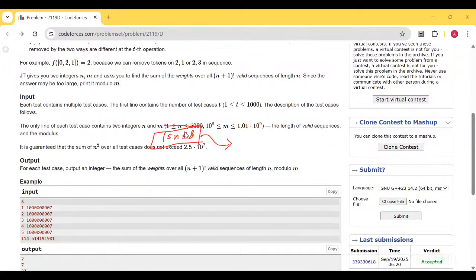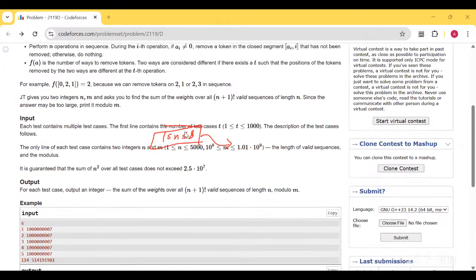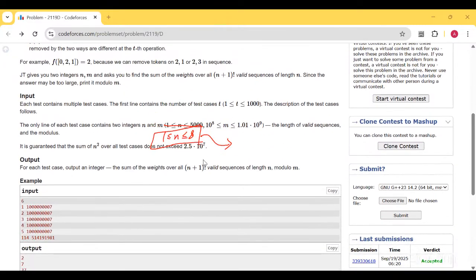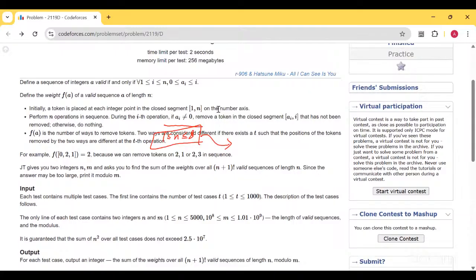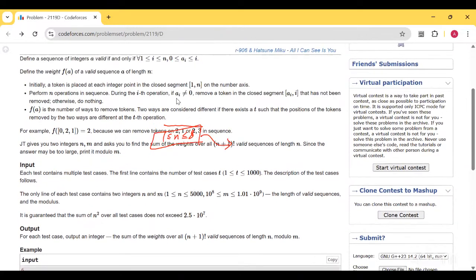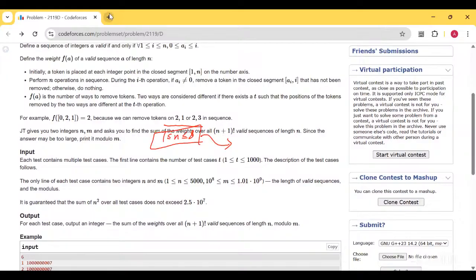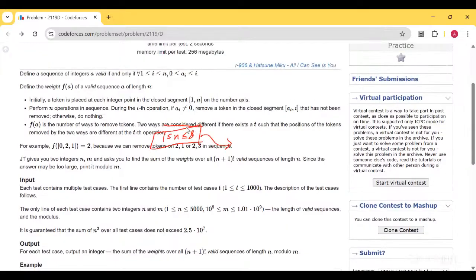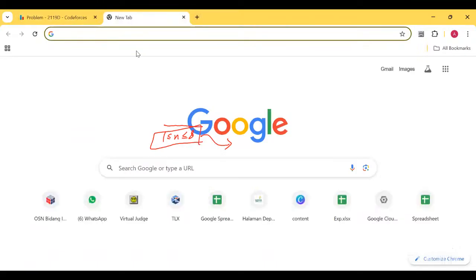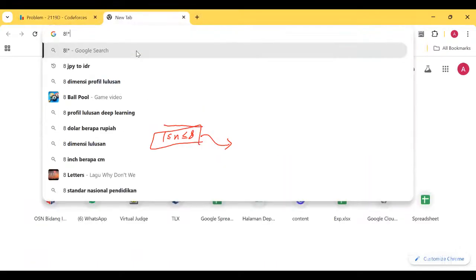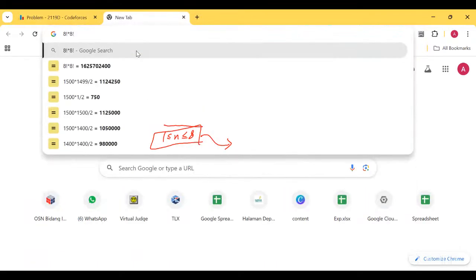Okay. And then, but how to check them? If you check them in n factorial as well, then your solution will be n factorial times n factorial. It will be time limit exceeded.